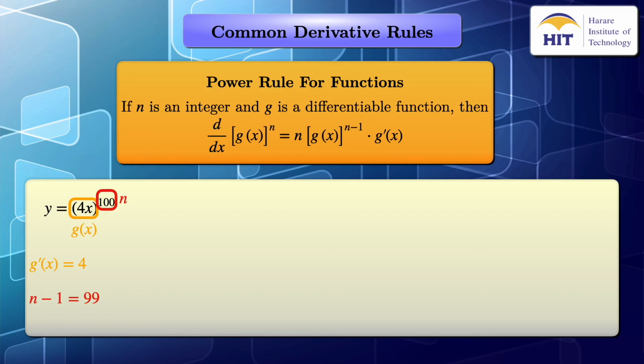So substituting these values into our formula, we have the derivative of y with respect to x is equal to 100 multiplied by 4x to the power 99 multiplied by 4. And then multiply this 4 by this 100 and you get 400. So our expression becomes 400 multiplied by 4x to the power 99. So that's the derivative using the power rule for functions.